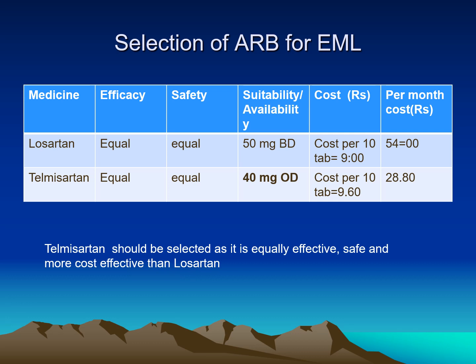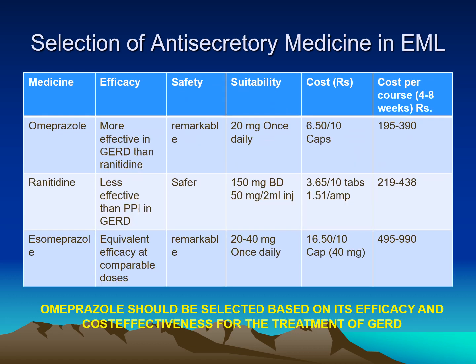Here, suitability and cost become important, because the cost of treatment per month will be 54 rupees for losartan and 28.8 rupees for telmisartan. So, the suitable and cost-effective drug is telmisartan, and it should be preferred to be included as an essential medicine.